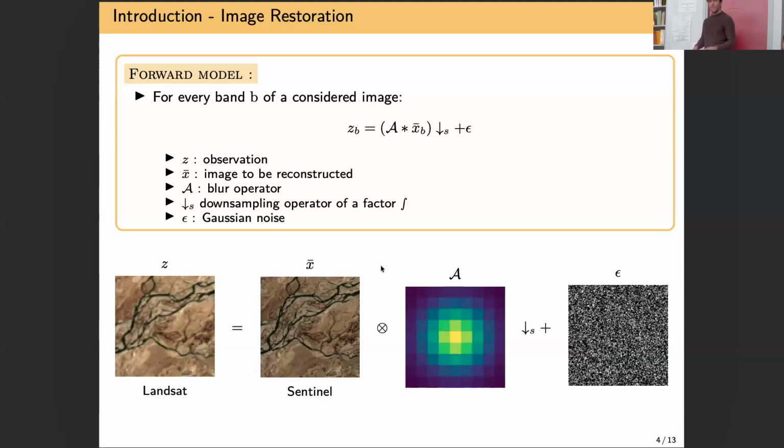This image was degraded with a blurring kernel that we defined here as A. It was also downsampled with a scale factor equal to S. And finally, we also add noise to have coherence between the Sentinel-2 data that we study and the observation that we had.